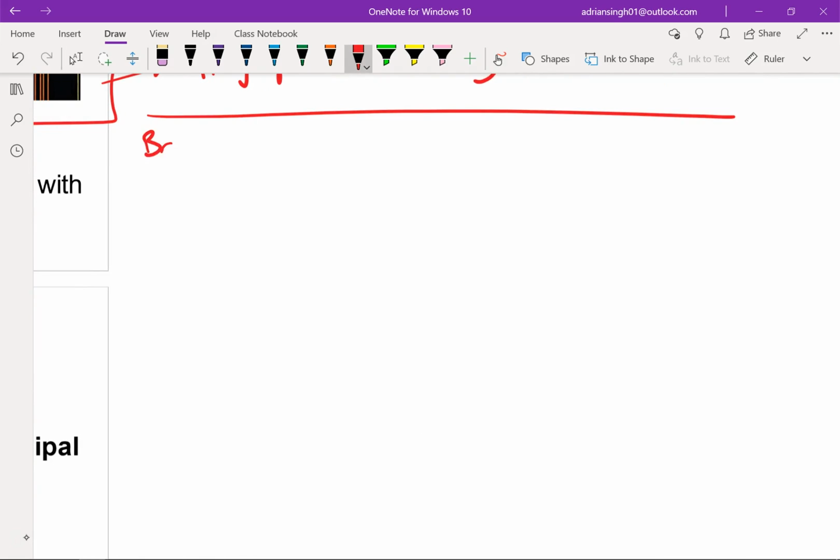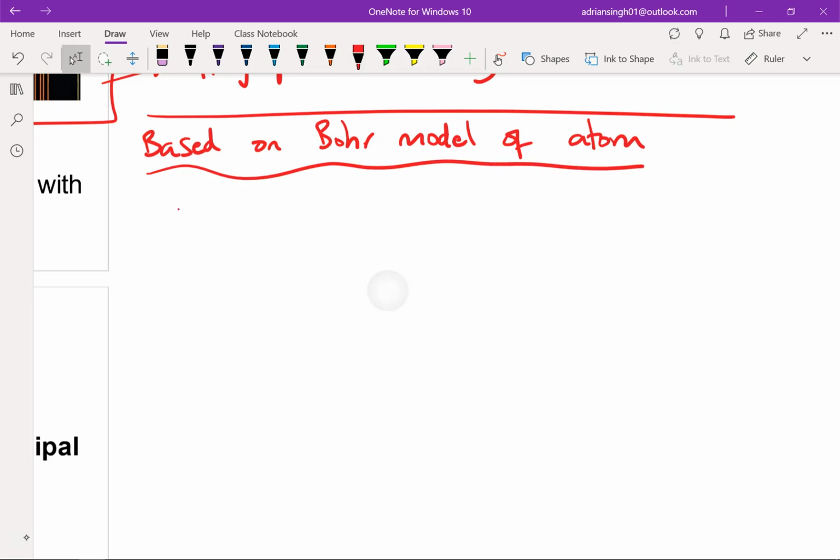Okay, so this is based on the Bohr model of the atom, which says that the electrons reside in these orbits or these energy levels surrounding the nucleus.